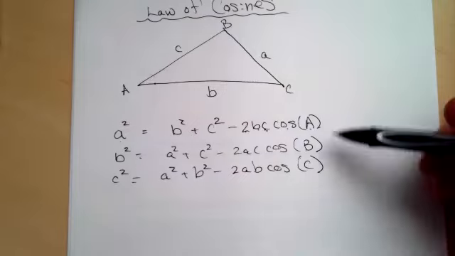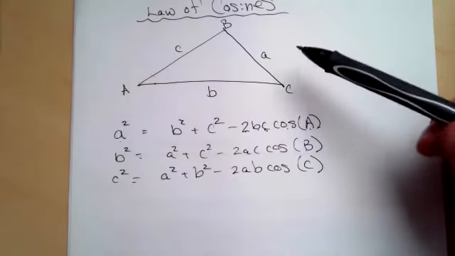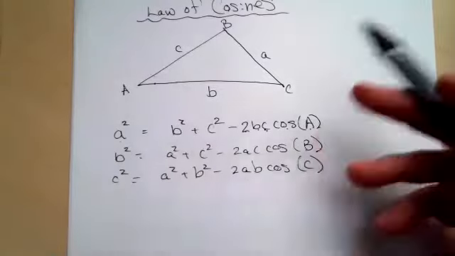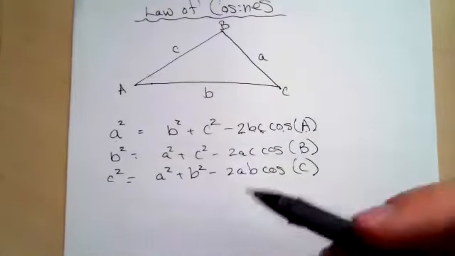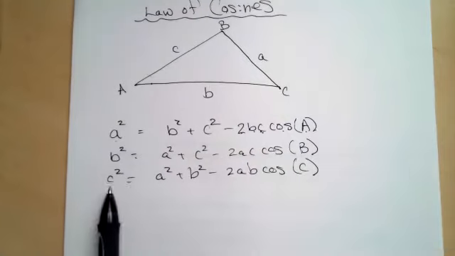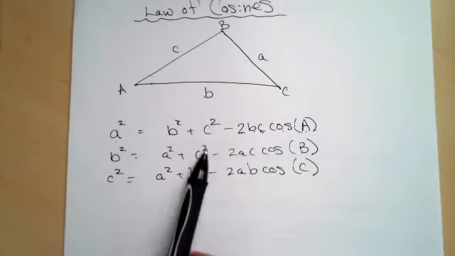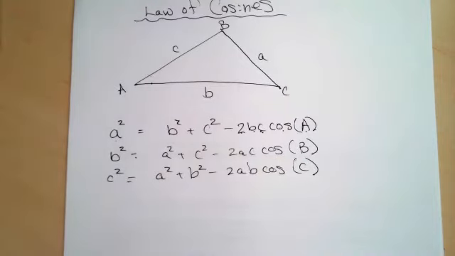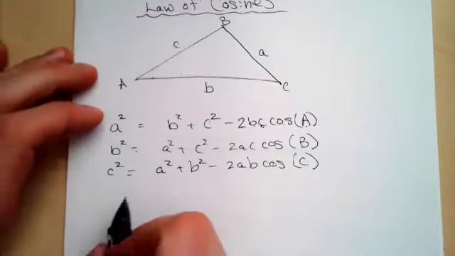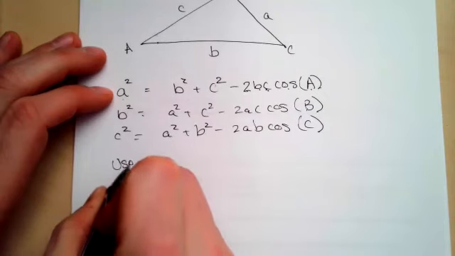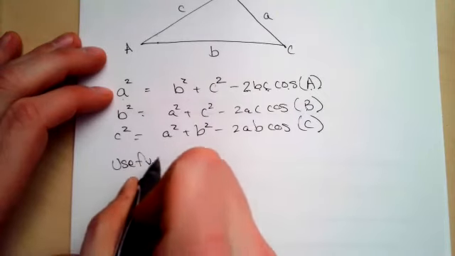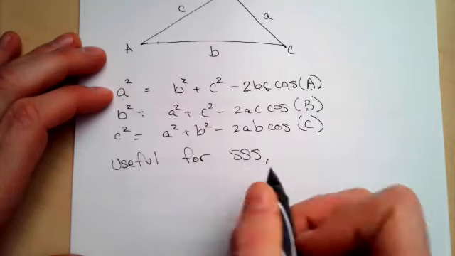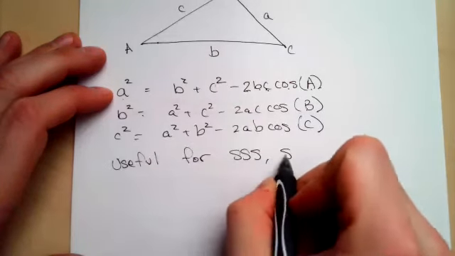And so the nice thing about the law of cosines is that it works for any triangle, not necessarily right triangles. There's not necessarily a dictated hypotenuse, so to speak. And so you can set up the same equation depending on which pieces of information you're given. So I'll just make a note: useful for side, side, side, and side angle side.